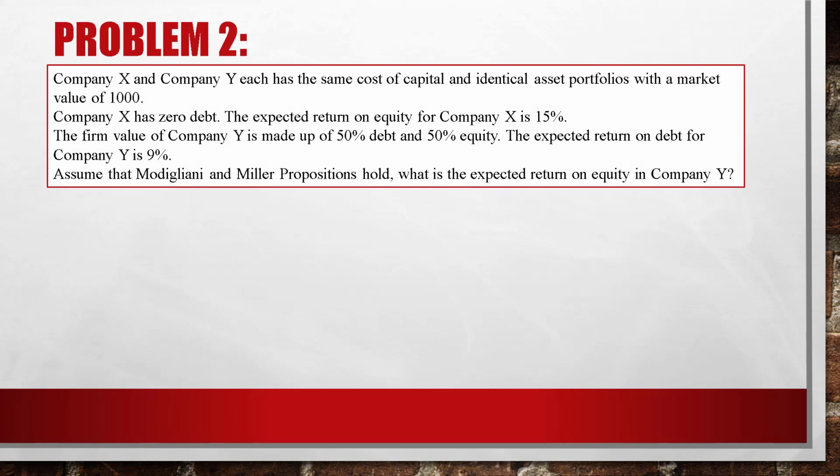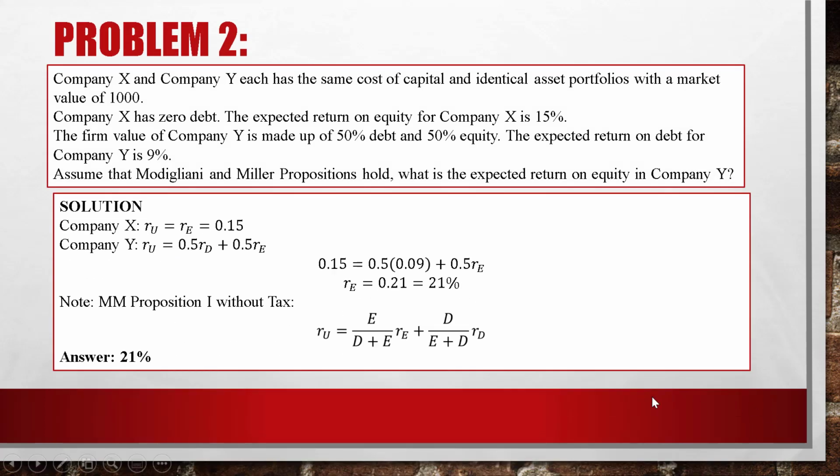Now let's look at Company X. Company X has no debt, so the cost of capital of X should be the same as the expected return on equity, which is 15%. Now for Company Y, remember that X and Y have the same cost of capital, which means they have the same RU.